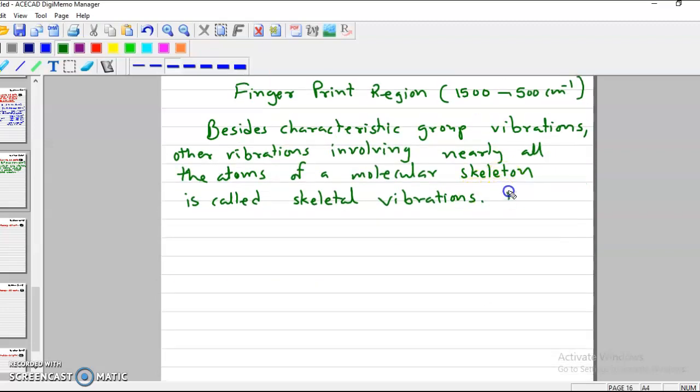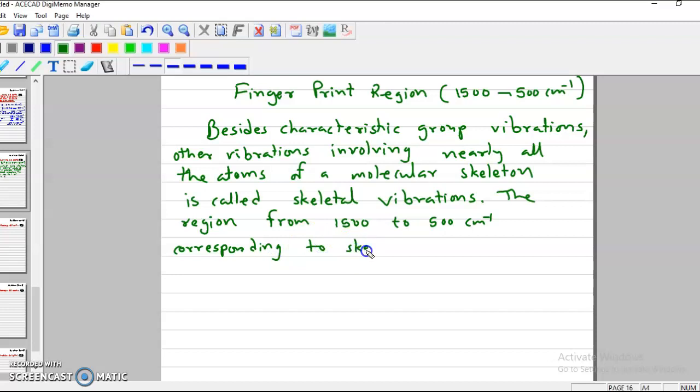The region from 1500 to 500 centimeter inverse corresponds to skeletal vibrations.